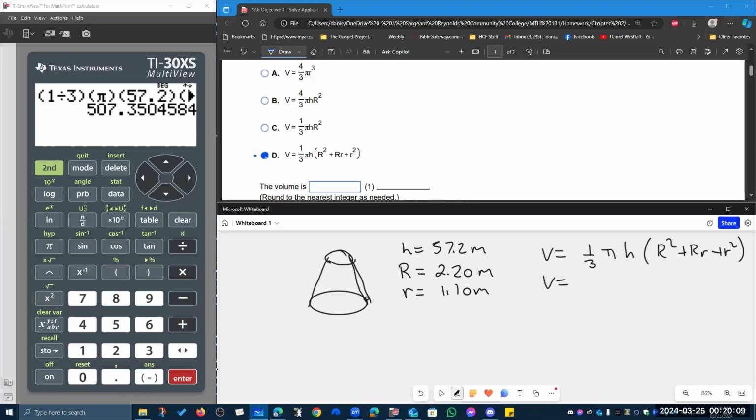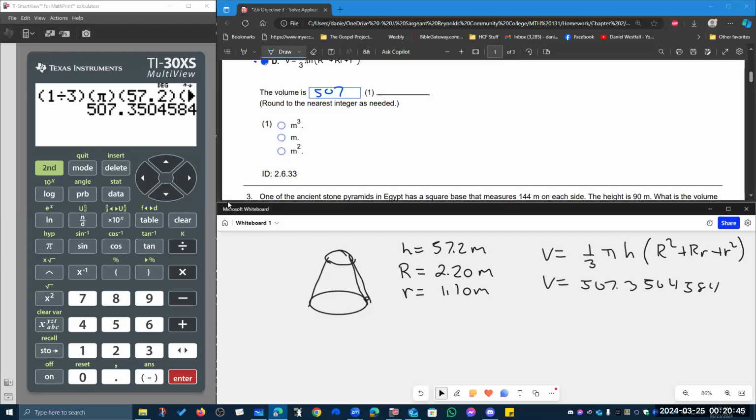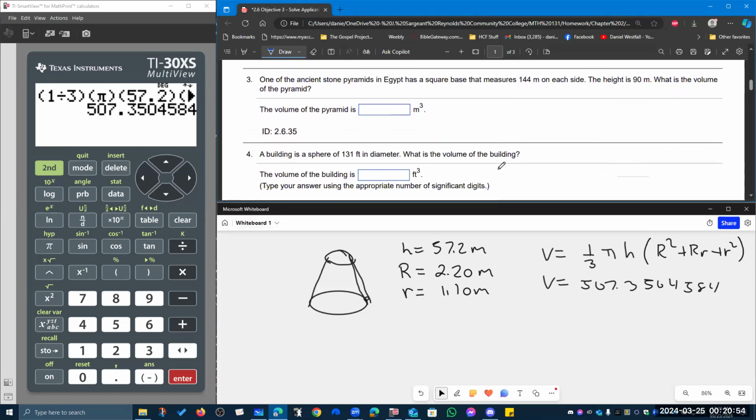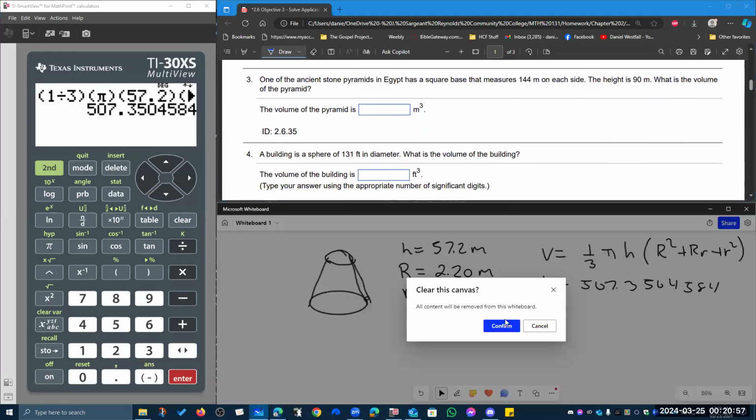My volume is equal to 7.35045584. We're told to round to the nearest integer, so I get 507. And this is volume, so this is going to be in cubic meters. Let's look at the next problem.